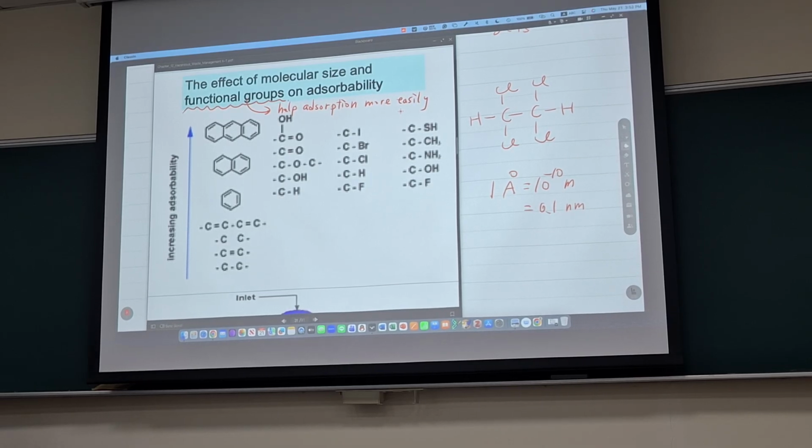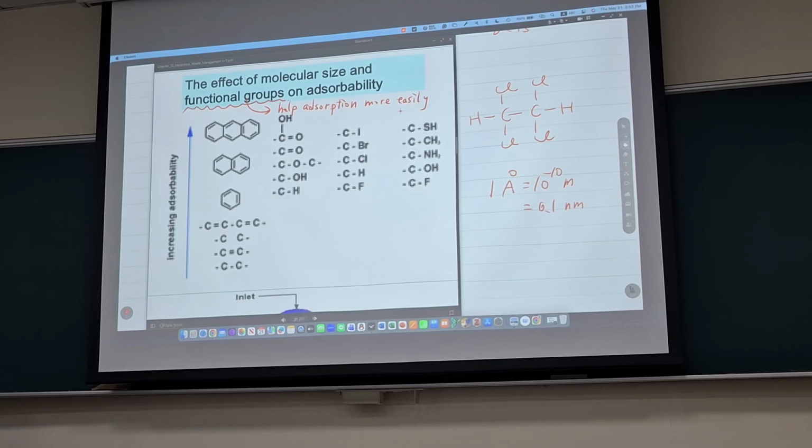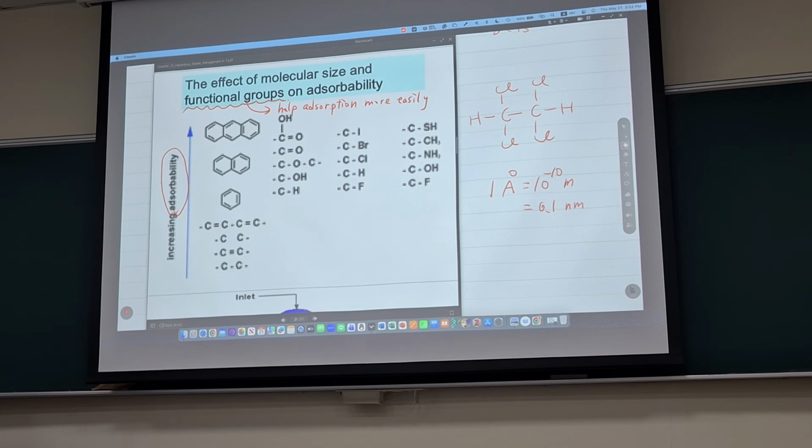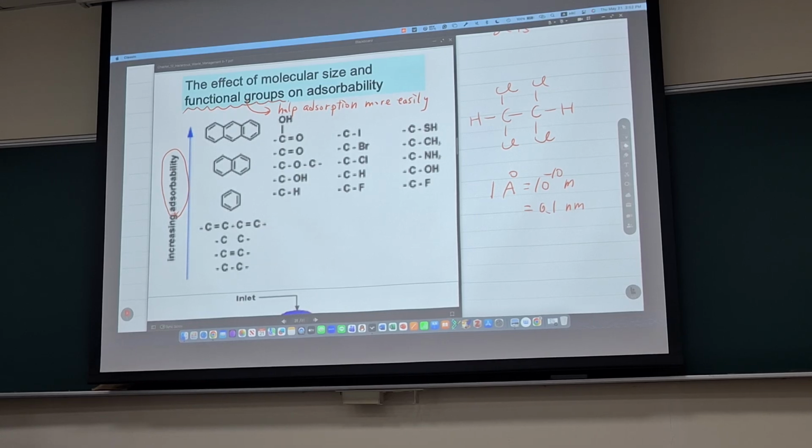For example, we can use hydrophobic or hydrophilic groups. So we can increase adsorbability by changing different functional groups.